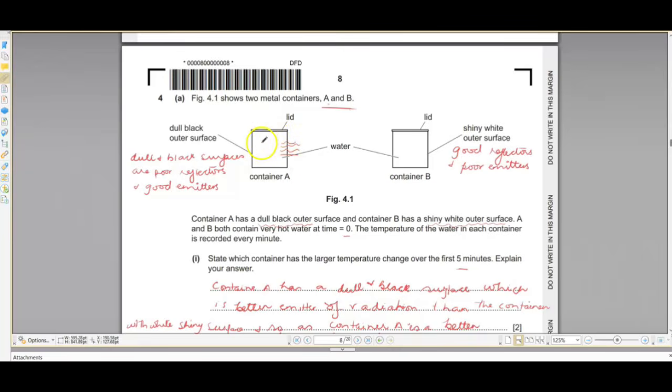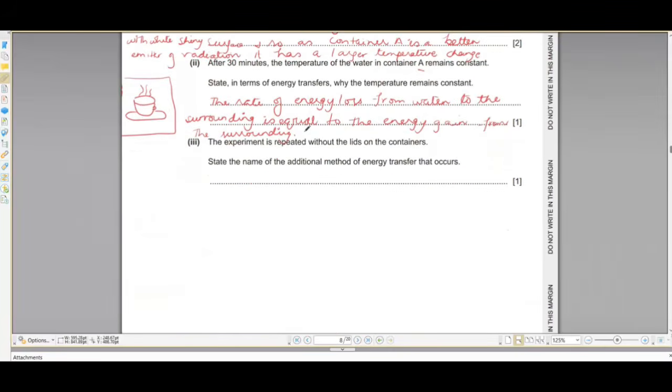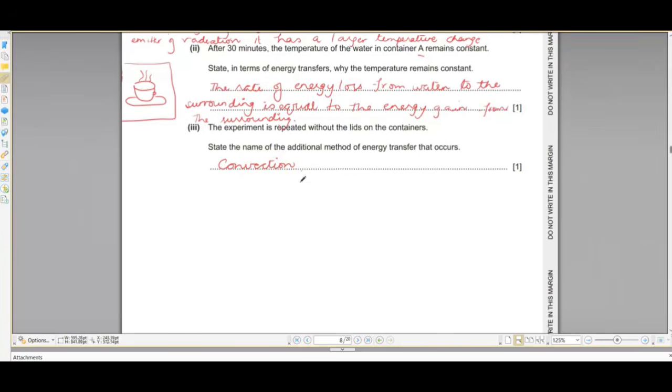Since water is involved, and water is a liquid, liquids transfer energy through convection. So the other method of energy transfer when the lids are taken off is going to be convection. Okay, so this is the question.